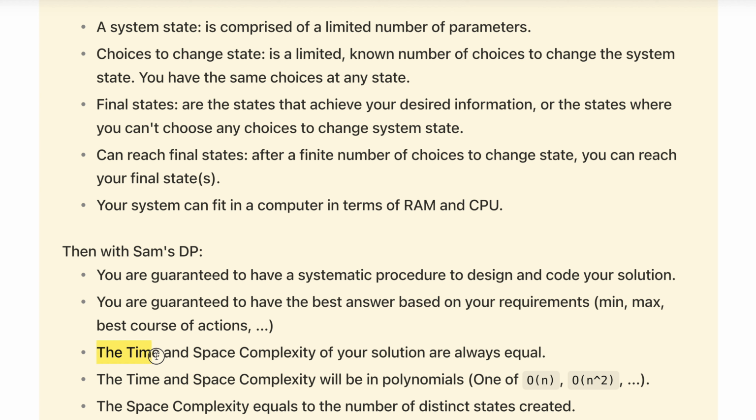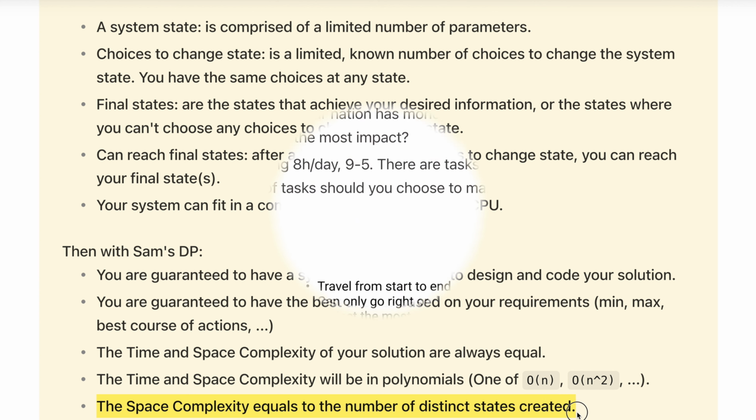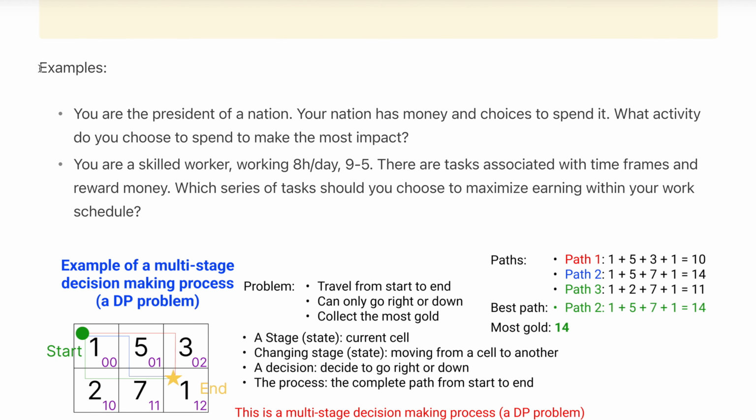You're also guaranteed that the time and space complexity of your solution are always equal, and the time and space complexity will be polynomial, which is O(n squared), or O(n cubed), and so on. And finally, the time and space complexity equals the number of distinct states created. If it confuses you, don't worry. You're going to find everything much clearer by the end of the series.